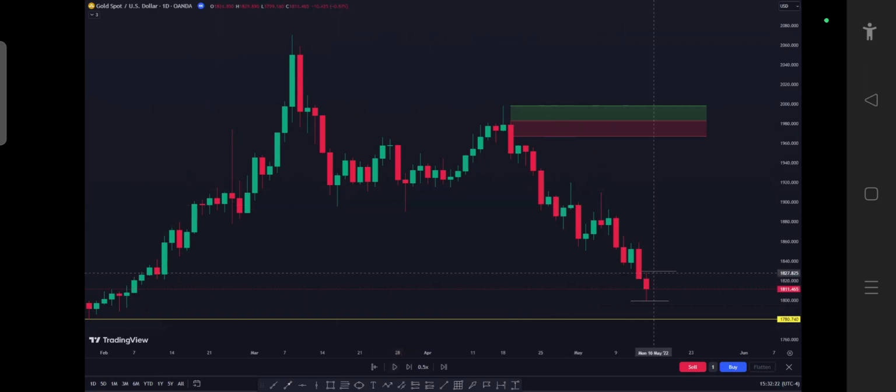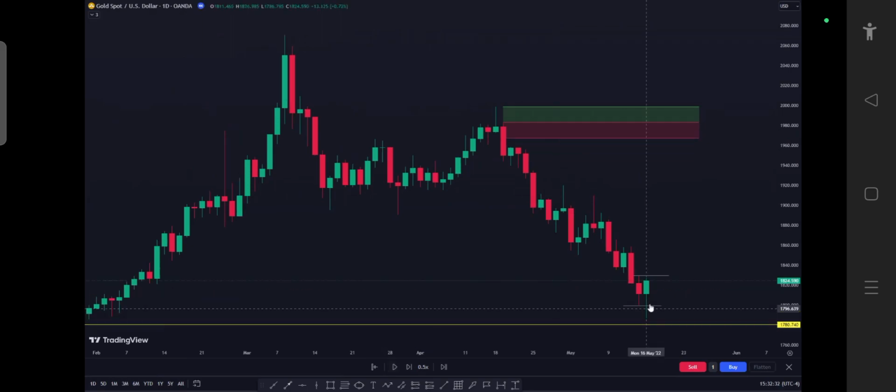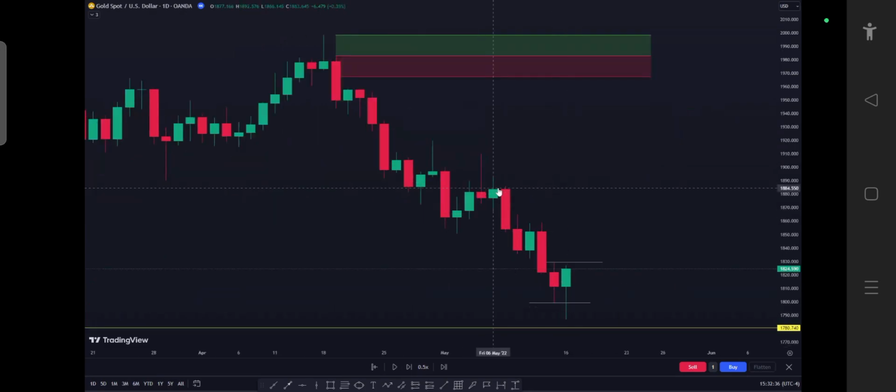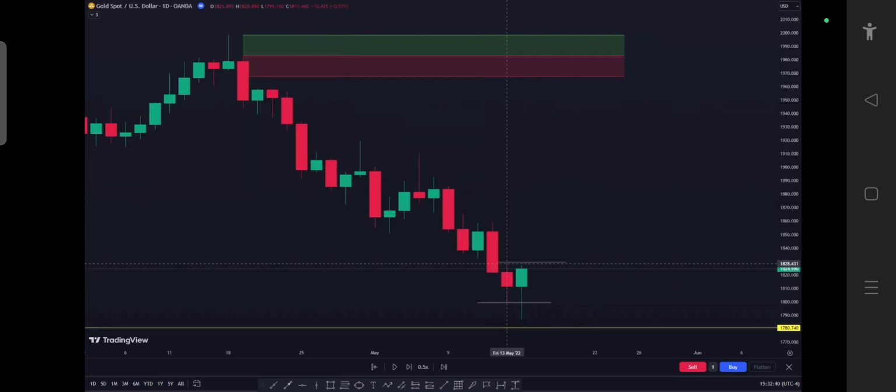Until we take out this candle's high on a closing basis, I'm still bearish. We have taken out this low, but we haven't taken out this high on a closing basis yet. So still, I'll be looking for bearish.